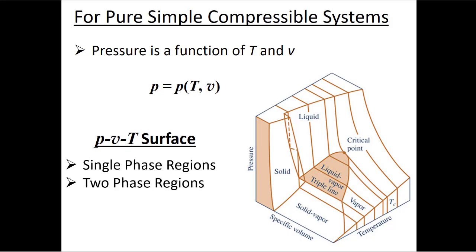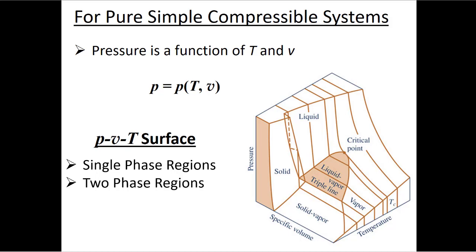Here there are some single-phase regions. We'll think about water. There are some regions in this three-dimensional space where the water is liquid, that's a single phase, or it's vapor, also a single phase, or it's ice, which is a single phase. So it's a solid. But then there are some two-phase regions here.